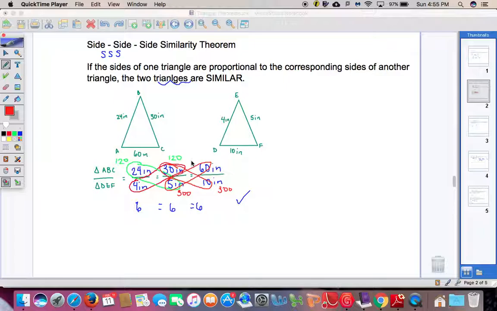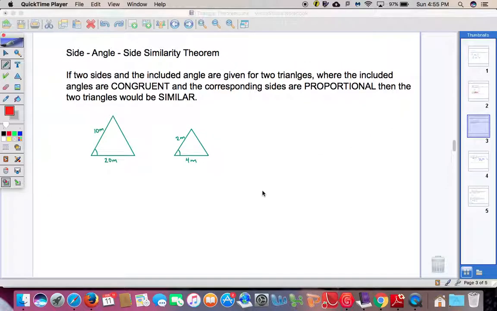Now it is imperative, an absolute must, that you actually check to see if the sides are proportional to each other. Because if these ratios are not equivalent, then these sides are not proportional and these triangles would not be considered similar. Okay, the last method of determining if two triangles are similar to each other would be the side angle side similarity theorem.